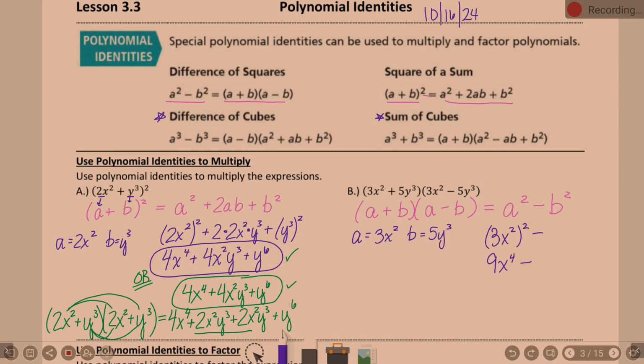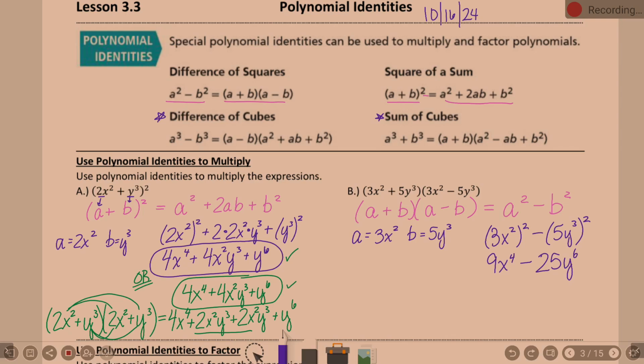Minus b squared. So we just said that b was 5y cubed, and then we're going to square it. So if we square this here, 5y to the third quantity squared is going to become 25y to the sixth.